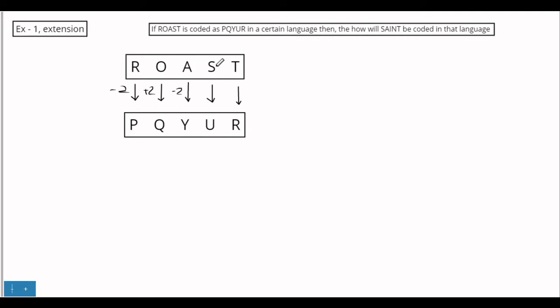Here also S comes before U, so it'll be plus 2 here. And T comes after R, so it'll be minus 2 because it'll be R, S, T, and here it's S, T, U. So here the pattern is minus 2, plus 2, minus 2, plus 2, minus 2.